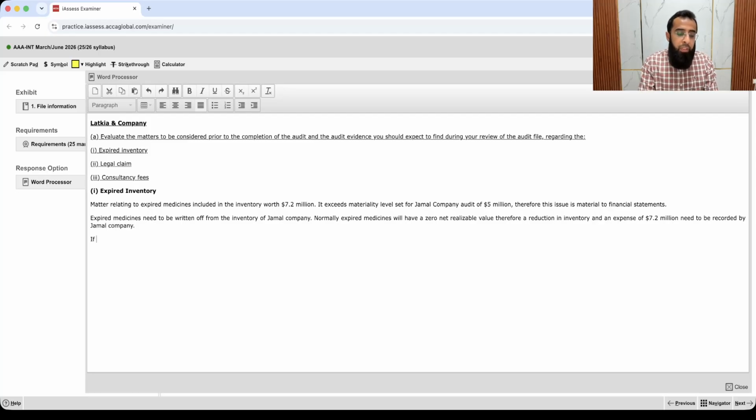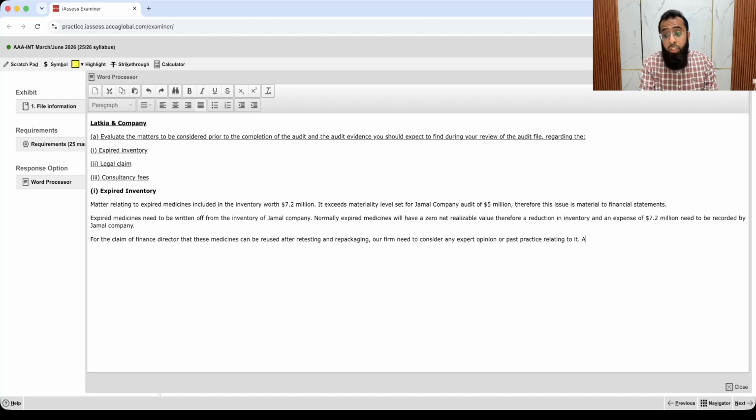Okay? For the claim of the finance director that these medicines can be reused after retesting and repackaging, our firm needs to consider any expert opinion or past practice relating to it. Additionally, relevant regulations also need to be considered, whether it is permitted or not.